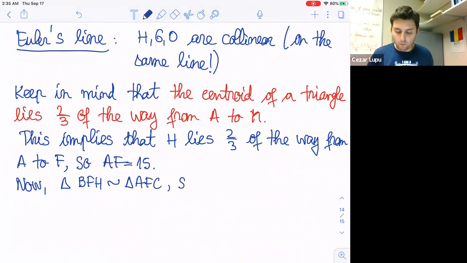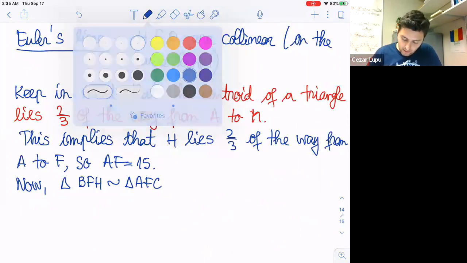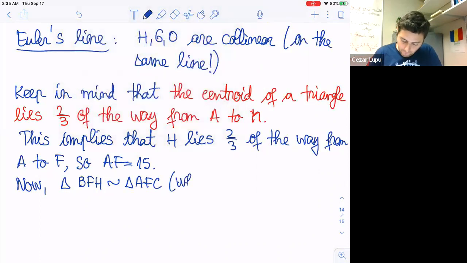Why is this? In fact, I'm going to leave it to you as an exercise to see why they're similar. I'm just going to put a question mark here. Well, it's quite clear that both of them are right angle triangles, and also some angles are congruent here. But anyway, I'll let you figure this one out.